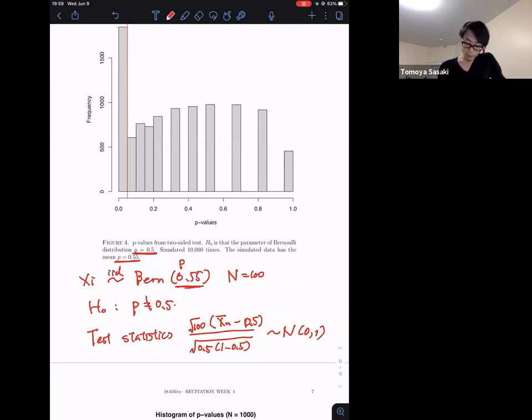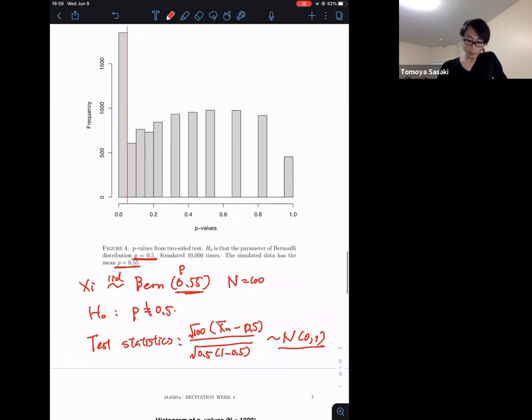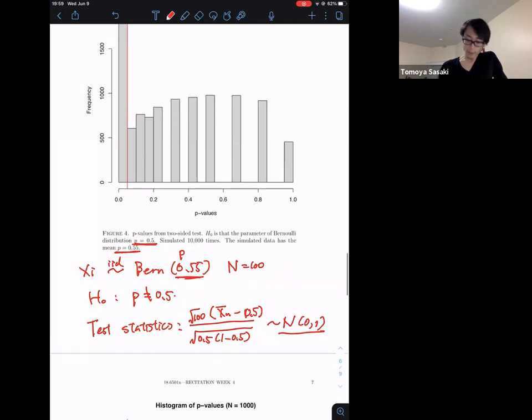I'm computing test statistics based on this equation and generating p-values, assuming that this is true. So what this distribution is showing is, under the assumption that this distribution is true, what is the probability that the data you have generates the test statistics that you can create from this equation?